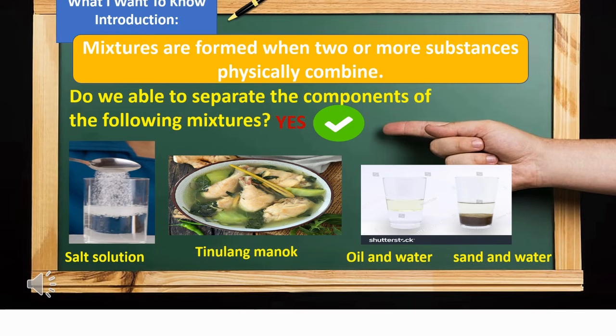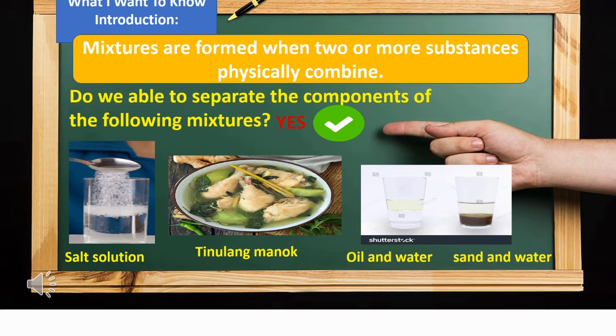Hi, children. You learned about mixtures. Mixtures are formed when two or more substances physically combine. So I have here some examples of mixtures like soap solution, tinulang manok, oil and water, sand and water.